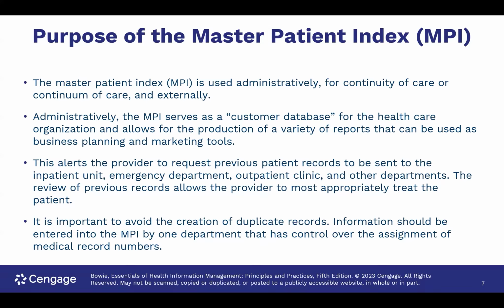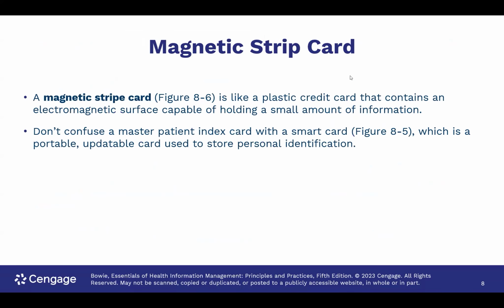We want to have just one set of records. Otherwise, in the same way that I can't accurately assign grades, we can't take care of patients if they have three different sets of records. We can't really provide continuity of care.